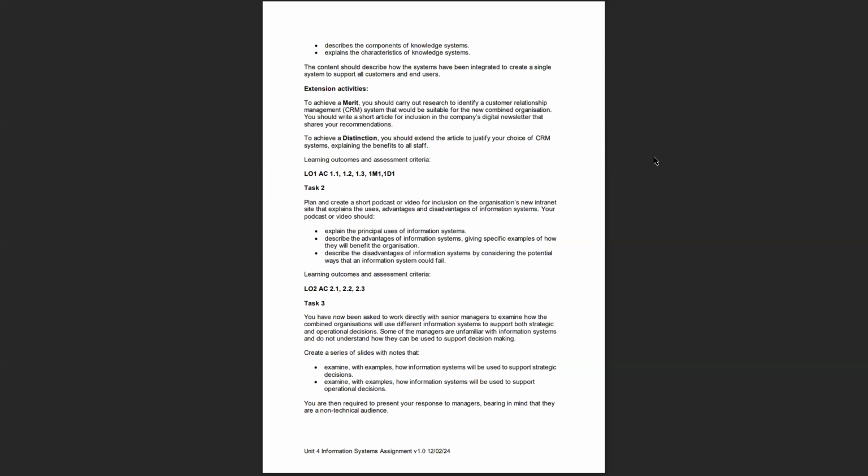Task number 2, plan and create a short podcast or video for inclusion on the organization's new internet site that explains the uses, advantages and disadvantages of information systems.